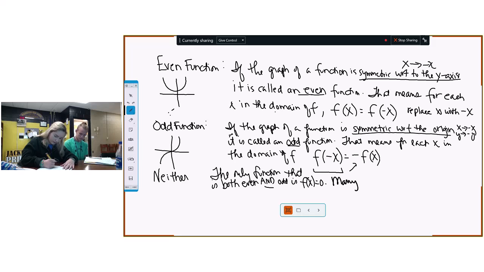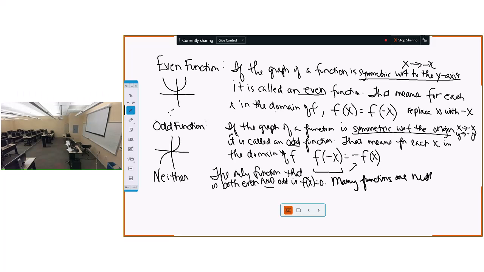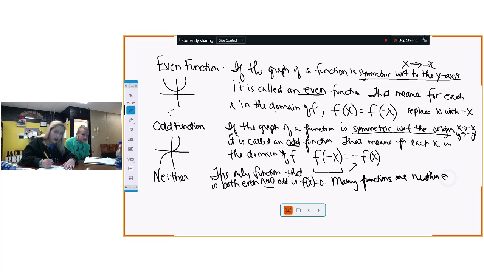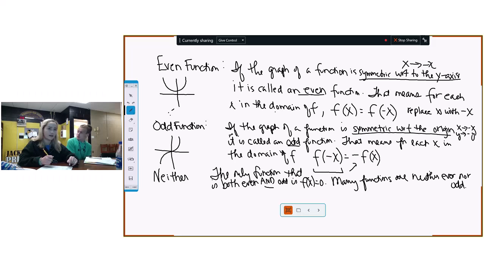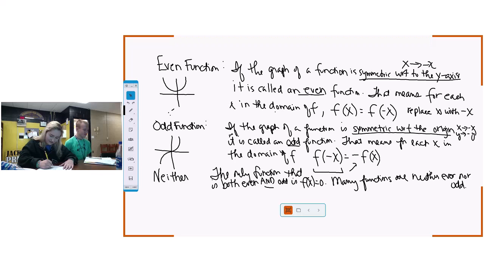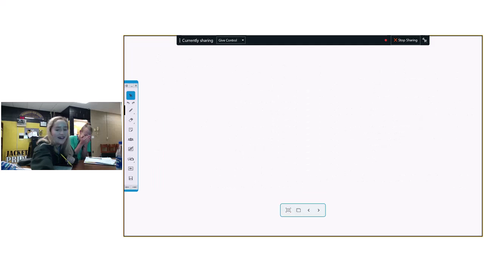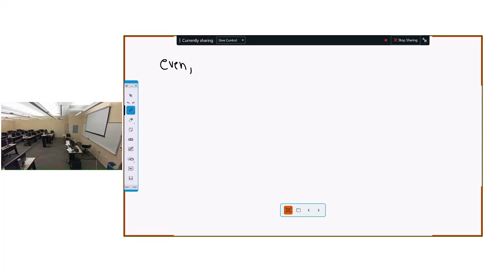And many functions are neither even nor odd. Okay. So even, odd, or neither.